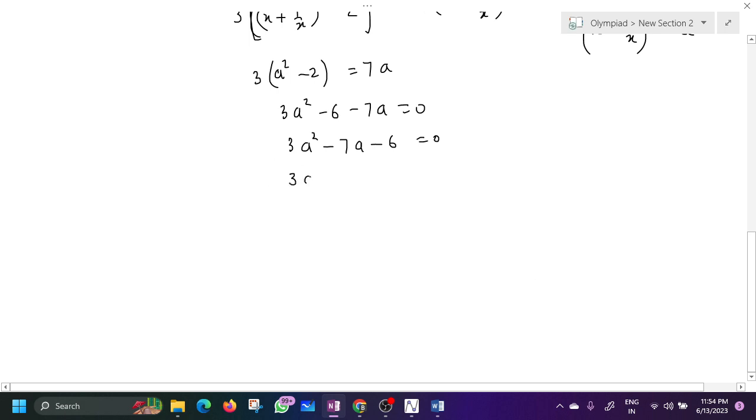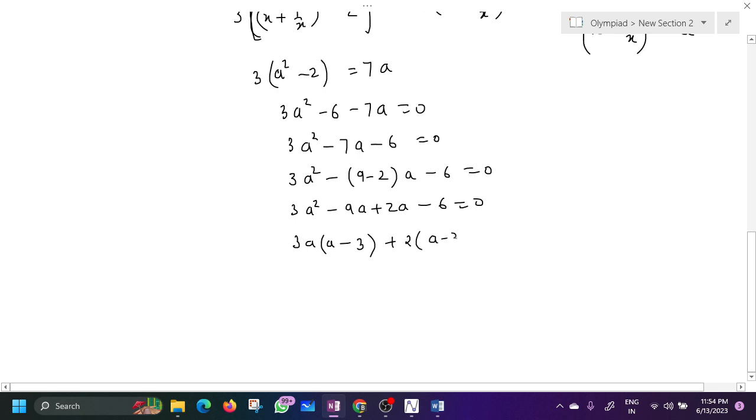So 3a square minus 9a plus 2a minus 6 equal to 0. I hope you understand what is middle term splitting. 3a times a minus 3 plus 2 times a minus 3 is equal to 0.